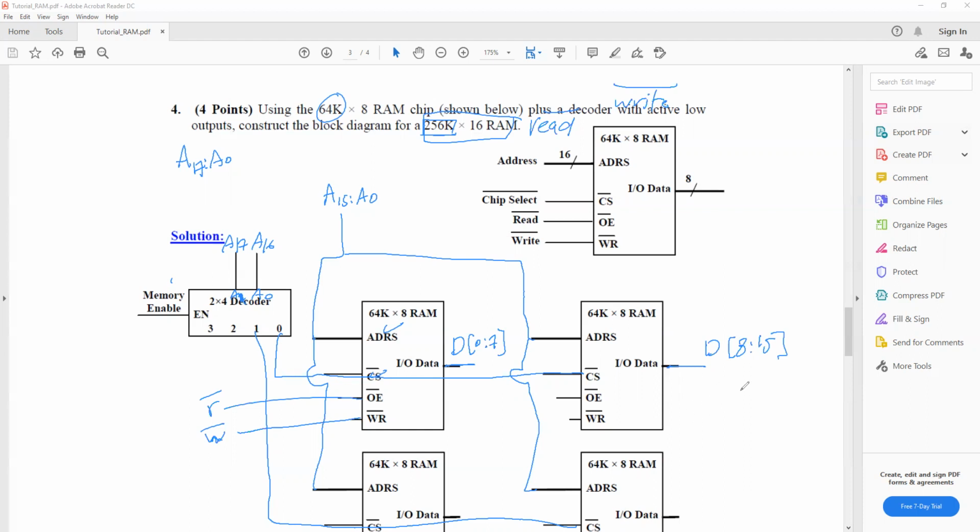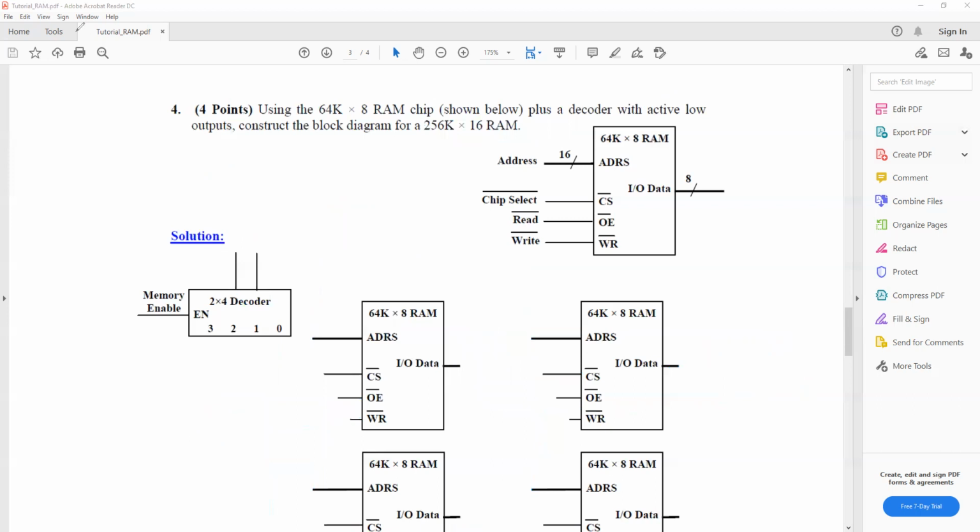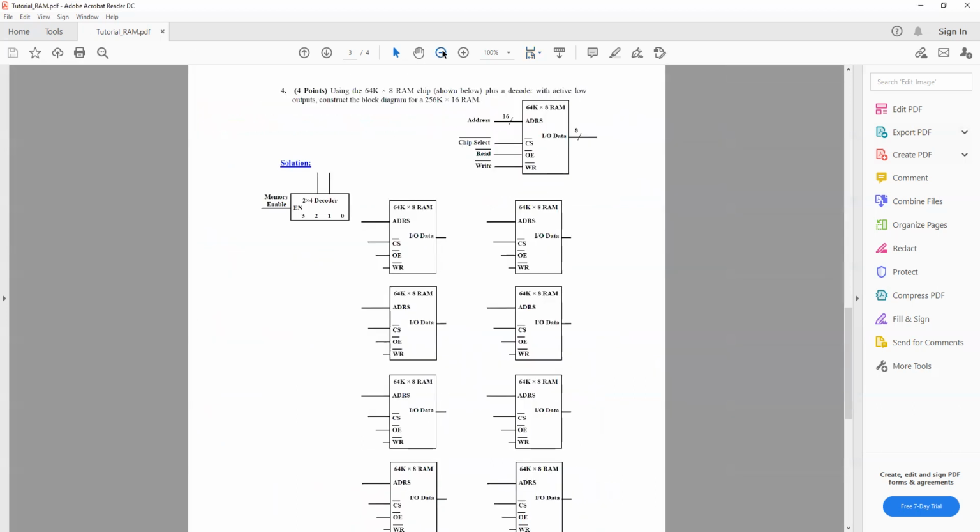That's it. في النهاية in your output block diagram you will take these two, combine them to D0 to 15, and this is going to be your output. طبعا all the data bit for this line will be connected to each other, and all the data bit of this line will be connected to each other. If you are lost, please ask.